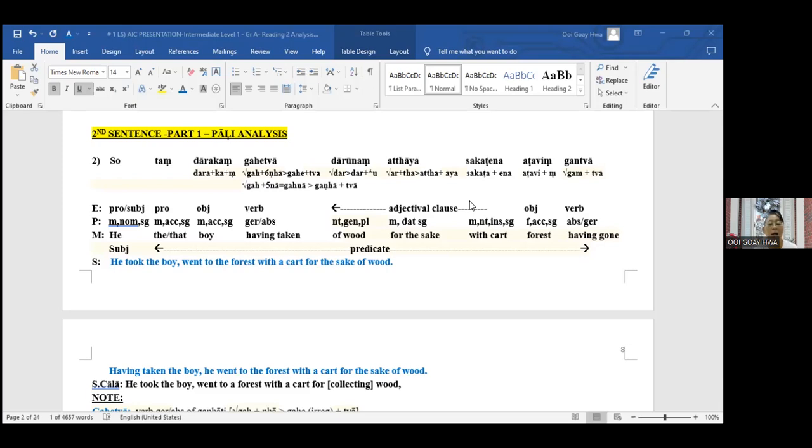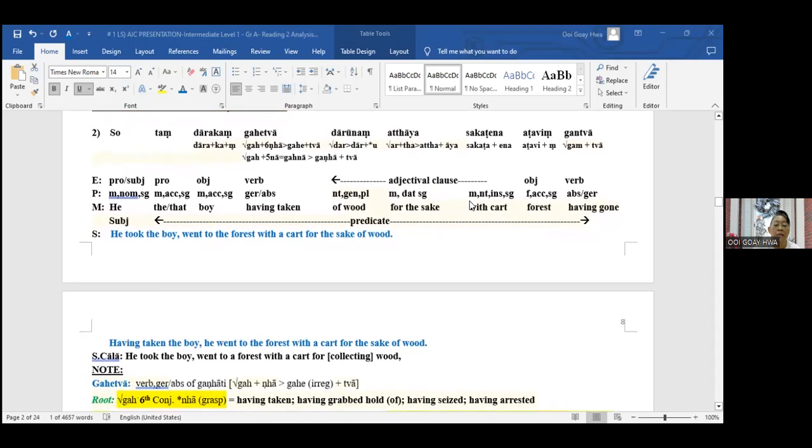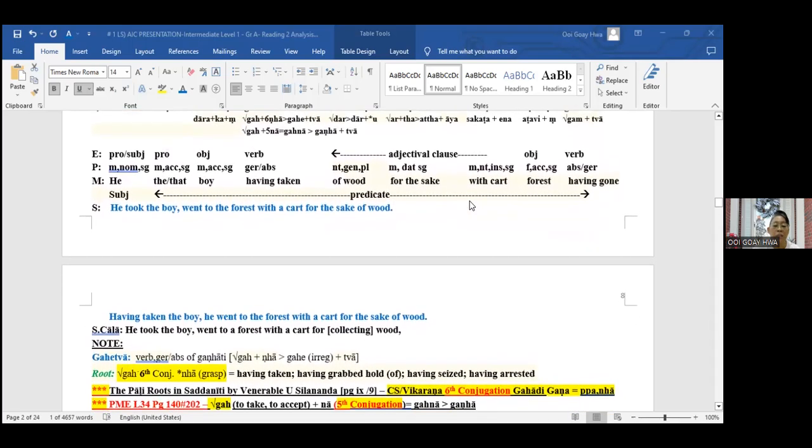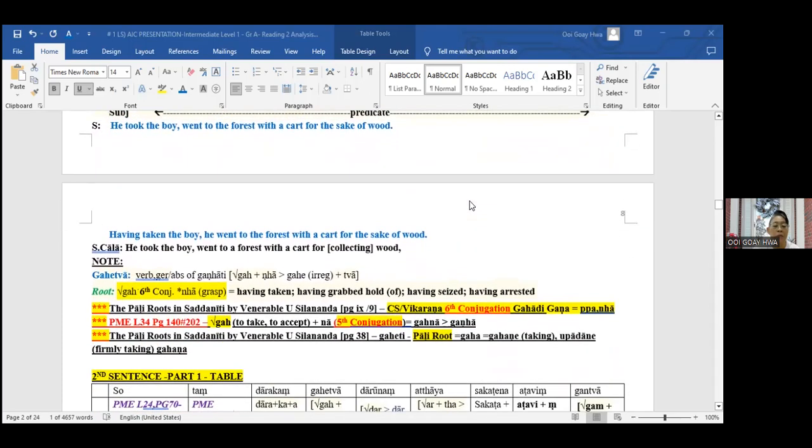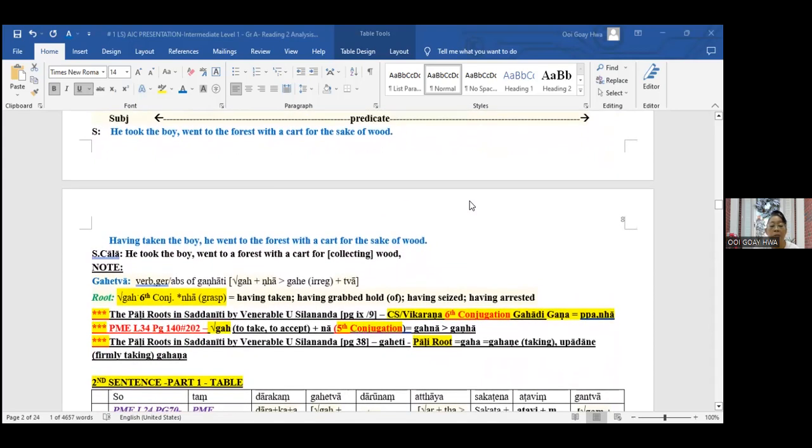Gahetva, just now we went through it with Saiji, but according to the Pali roots in Saddaniti, there are 8 conjugations instead of the PME's 7 conjugations. So according to this, it is the 6th conjugation of PPA or NHA. According to PME, it is Ga plus Na, 5th conjugation.